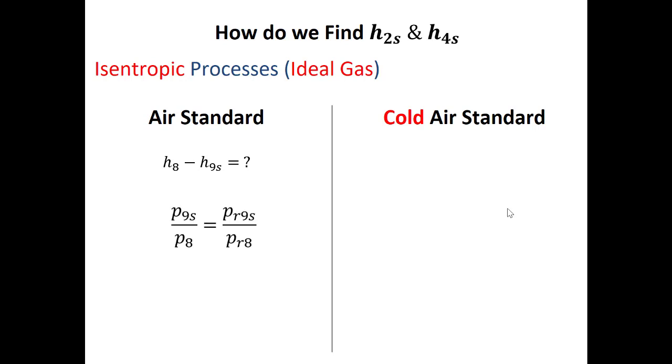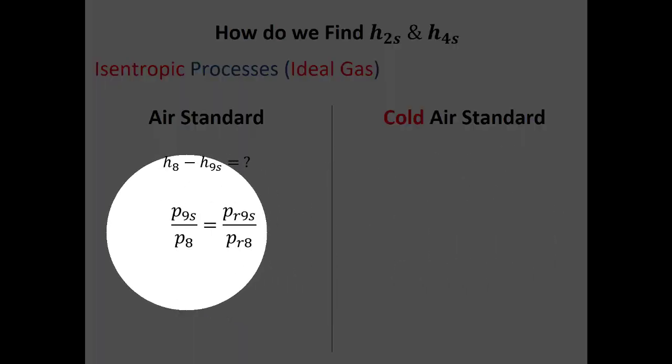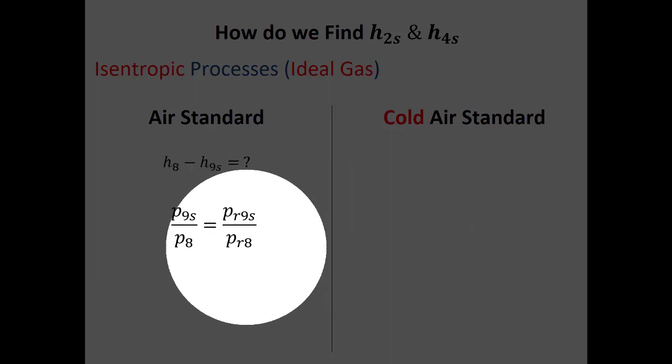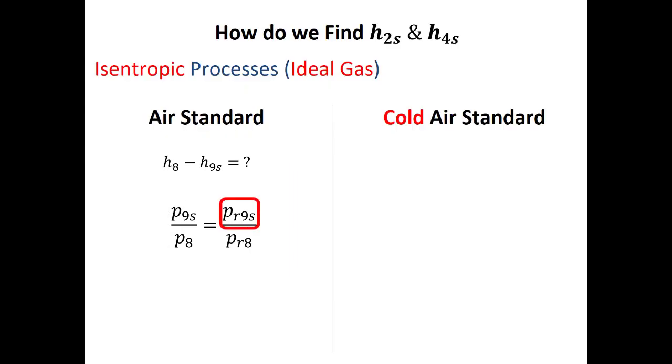But in order to get H9S, I have to use the fact that I know the pressure ratios across the turbine, as the pressure here is decreasing. I know PR8 because I fixed state 8 already, and this will give me PR9S. And when I have PR9S, I can interpolate back and find H9S and T9S using table A22.